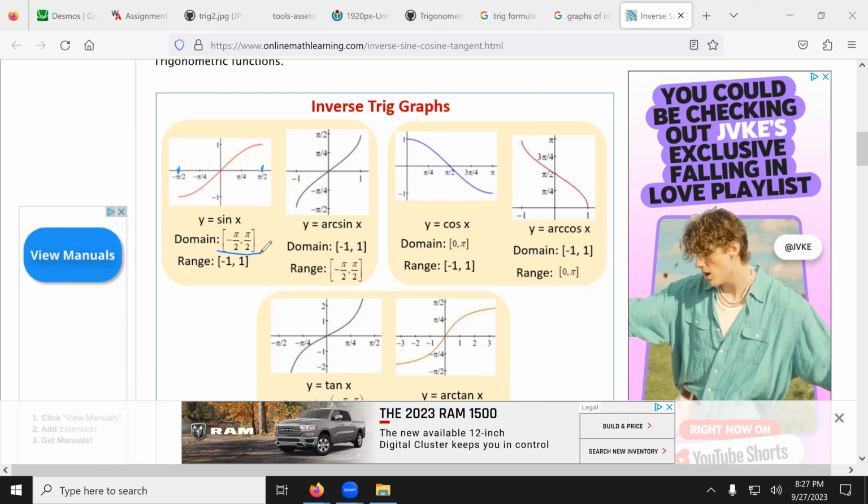So now the domain where I restricted it becomes the range of the inverse, the range of the restriction becomes the domain of the inverse, and so forth.